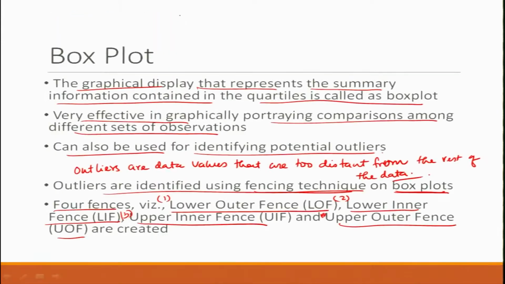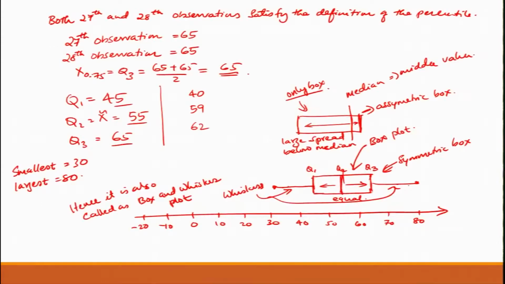Before making the fences we need to understand a concept called interquartile range. Remember in our previous example we had Q1 as 45 and Q3 as 65.